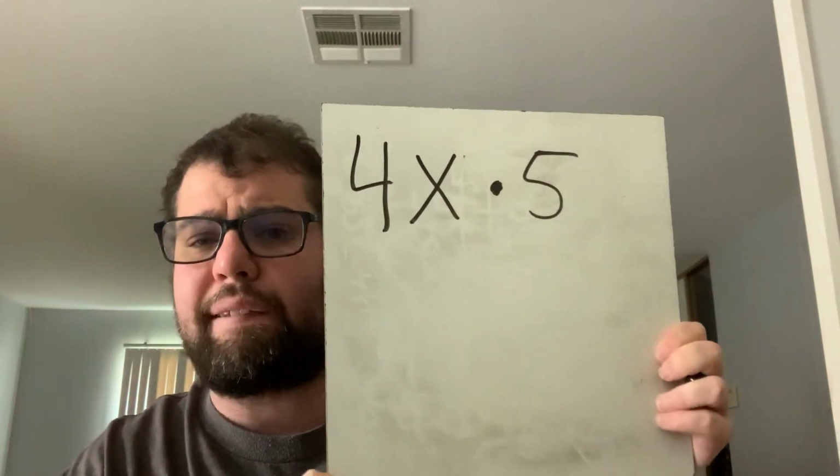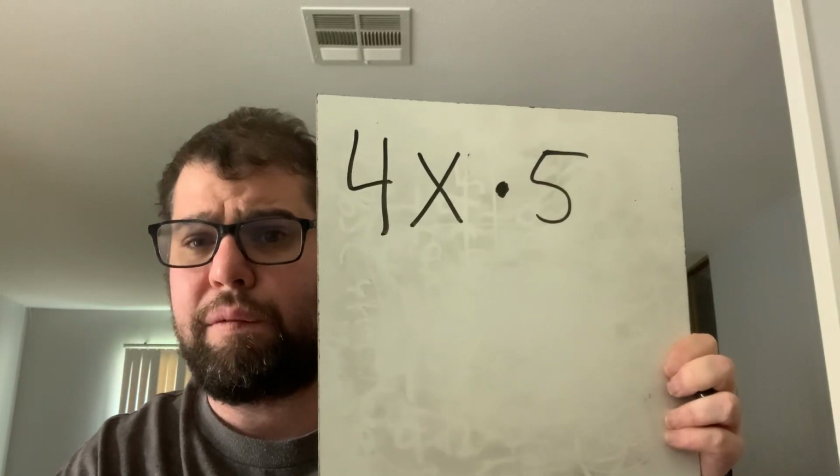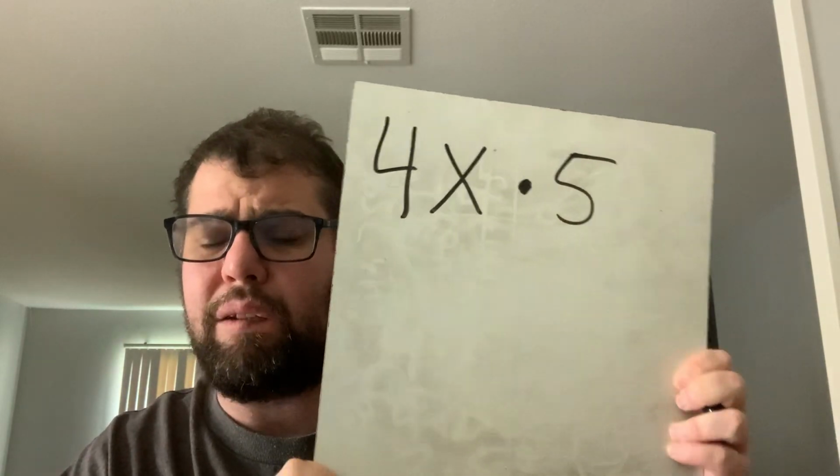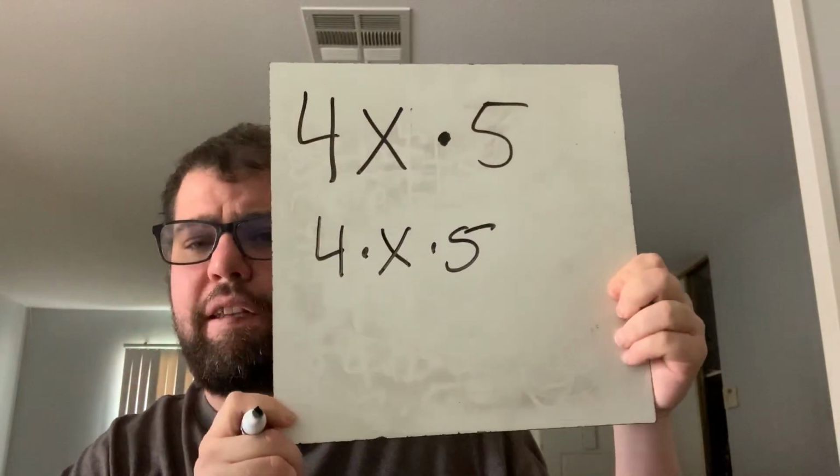But wait a second. What if they didn't tell us what our x value was? Let's go back and look at this problem again. What if they just told you 4x times 5? What does that mean? Well, if we take one step at a time and go 4 times x times 5, we look at it this way.